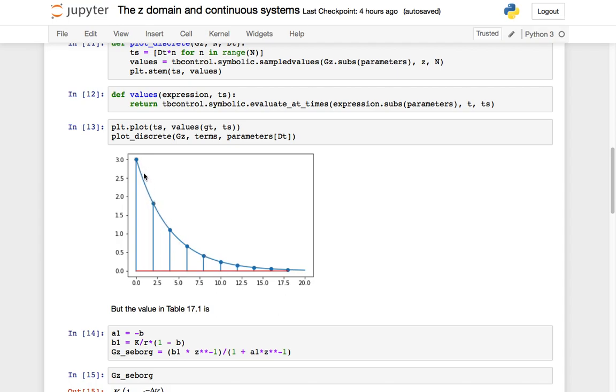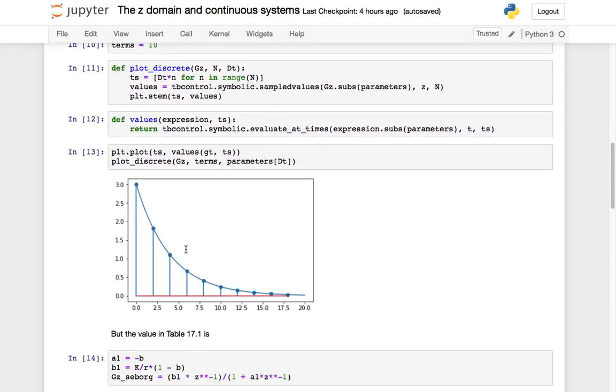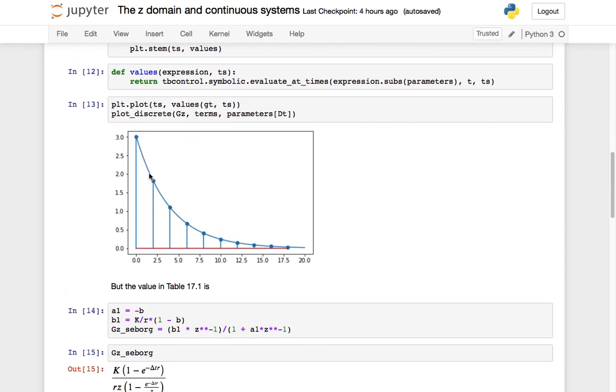The continuous transfer function impulse response is giving us the smooth curve, so that is actually this function over here, while the discrete values are giving us these dots.